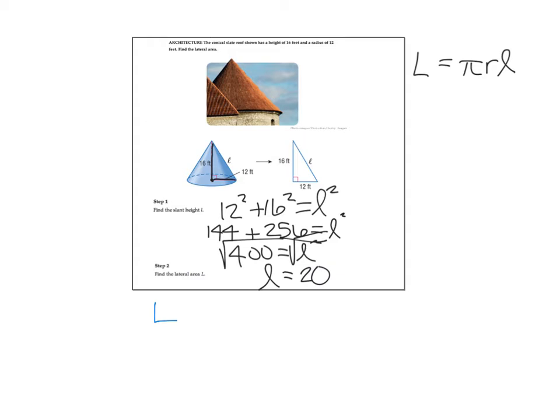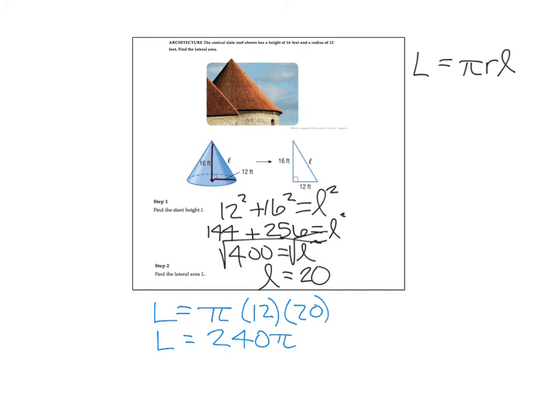So my lateral area would be pi times my radius, which is 12, times my slant height, which is 20. I want to encourage you again, whenever we're working with pi like this, let's try to get an exact answer first. So I'm going to do 12 times 20, which will give me 240 pi. So again, this will be my exact answer.